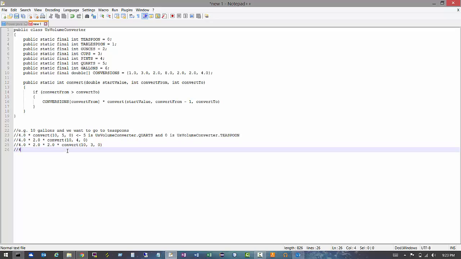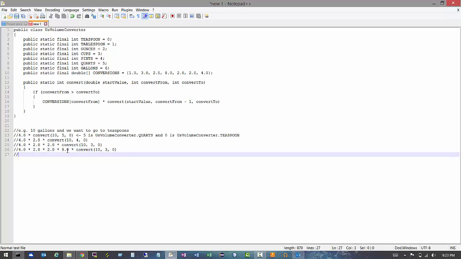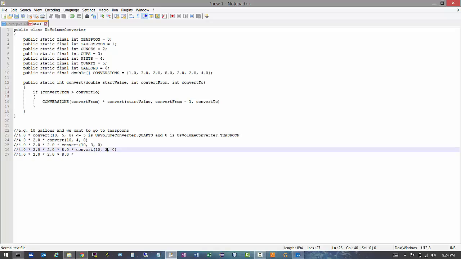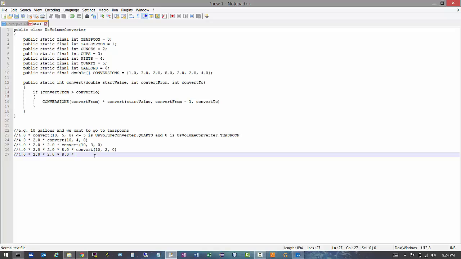Again, I hope you're noticing the trend. 4.0 times 2.0 times 2.0 times, when we call convert 10, 3, 0, 3 is greater than 0, so we get the next conversion factor, which is now 8.0, times convert, same base, 1 less on the from, same 0. 4.0 times 2.0 times 2.0 times 8.0 times convert, that was supposed to be 2 because it was the convert from minus 1.